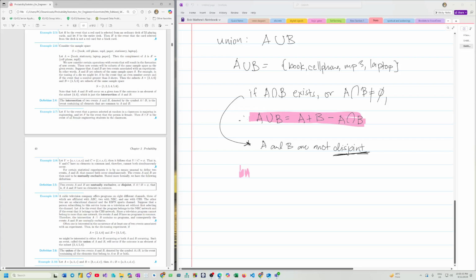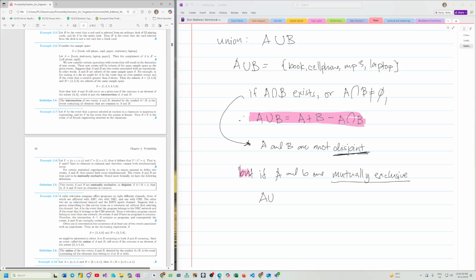If A and B are mutually exclusive, meaning nothing is common between them, A union B is just the addition of both sets.